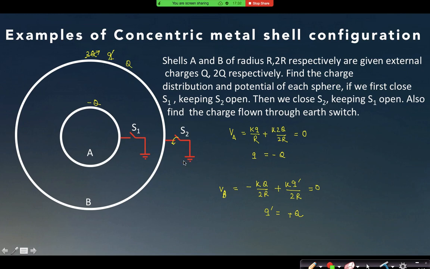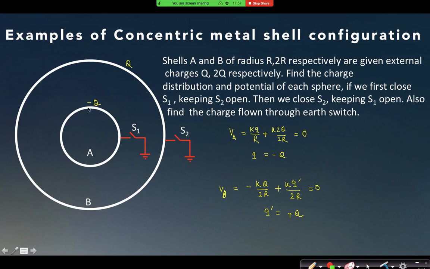Right? And how much charge has flown through that earth switch? Minus q. Initially it was 2q, now it is q. So minus q charge has flown through the earth switch. Now can you just tell me, even after I again open that switch, what will be the charge distribution on each surface of the shells?